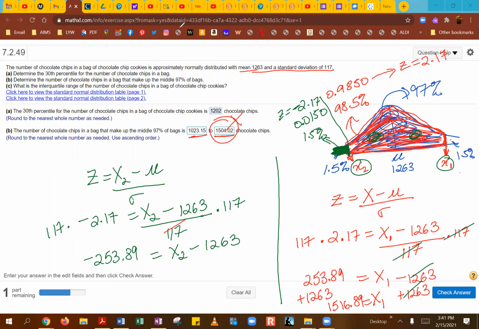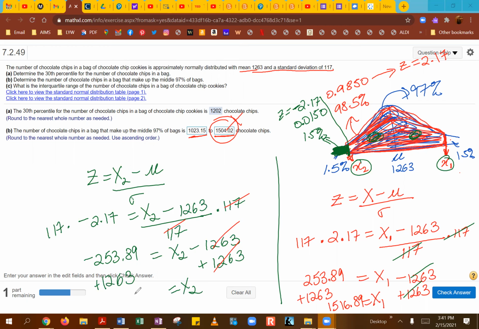Of course, the 117 will cancel out from that side, and then just add the 1263 to both sides. But this time, since you have a negative 253.89, of course, you will end up getting a smaller number on this side. So those guys will cancel out, and let's see what happens when we solve the left-hand side.